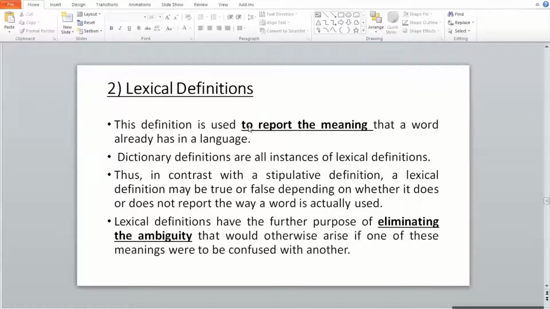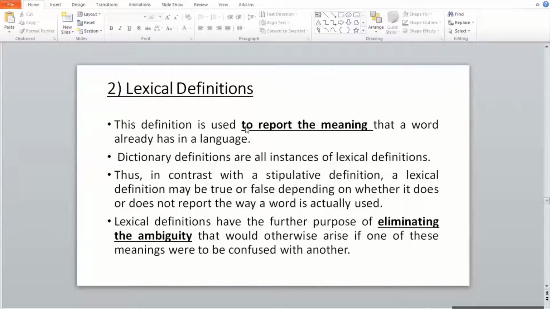So lexical definition serves to eliminate ambiguity. The purpose of a lexical definition is eliminating ambiguity, because we can easily refer to the definition of a term in a dictionary. If it works like that, you'll check it on that line. If that is not, you'll shift. Simply, it will let you eliminate your ambiguity.